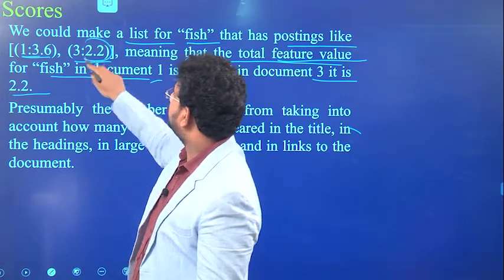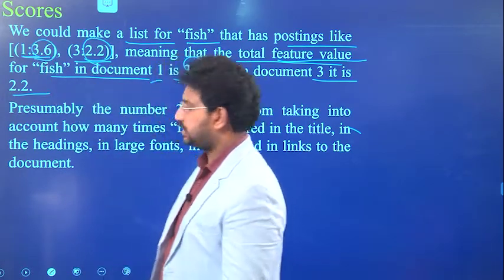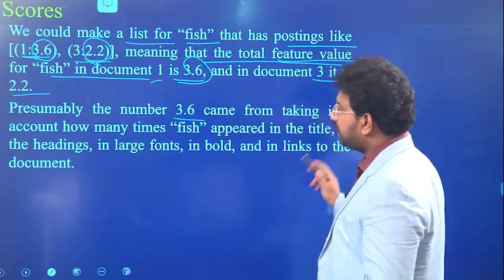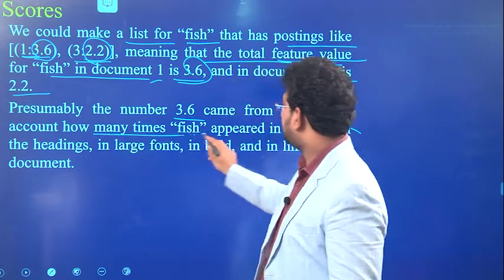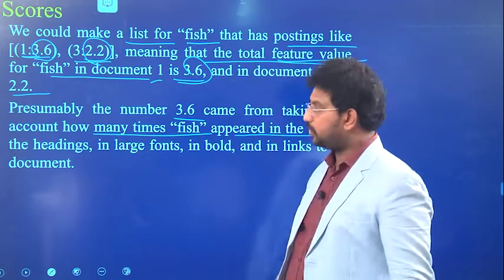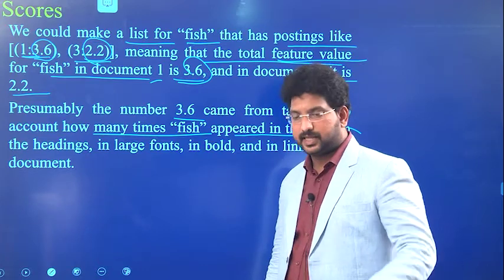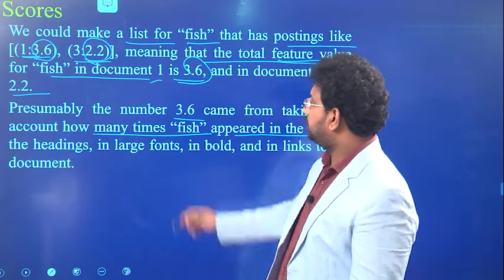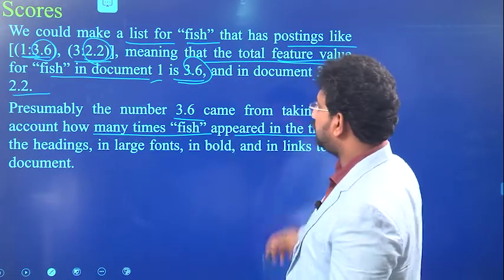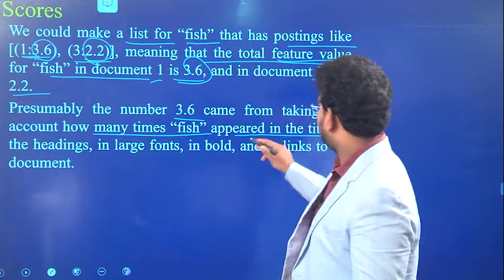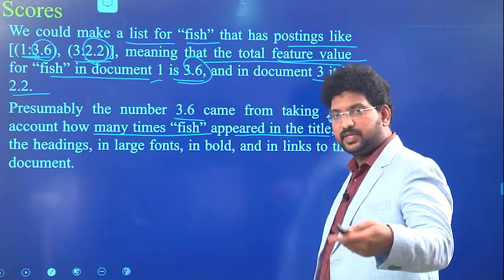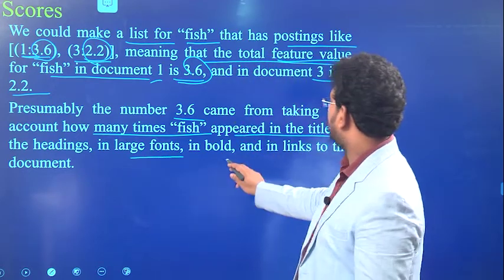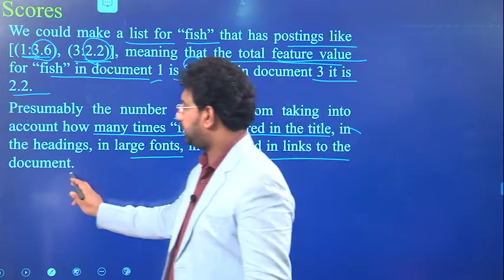Presumably the number 3.6 came from taking into account how many times fish appeared in the title, in headings, in large fonts, bold, and in links to the document.